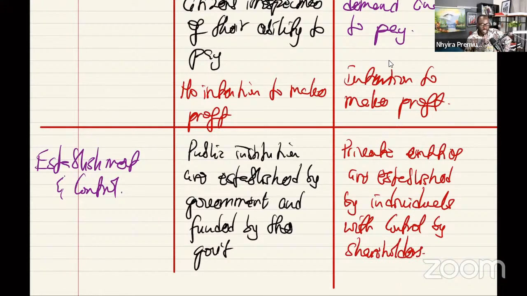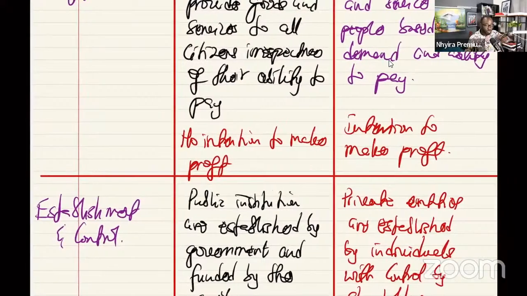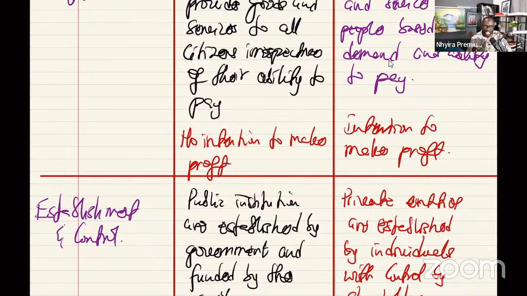Now, this is different from state enterprises, okay? State-owned enterprises are supposed to make some profits. It is only in Ghana here. I don't know why, in Ghana we do some of the dumbest things. Almost all the state enterprises make huge losses, very huge.